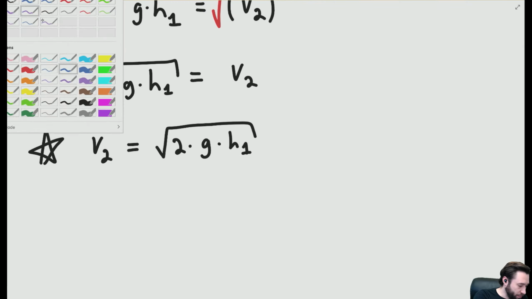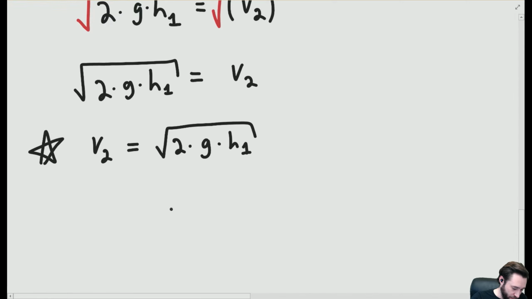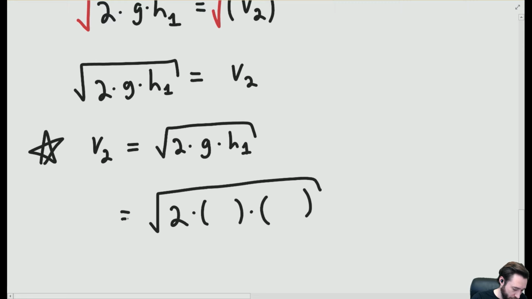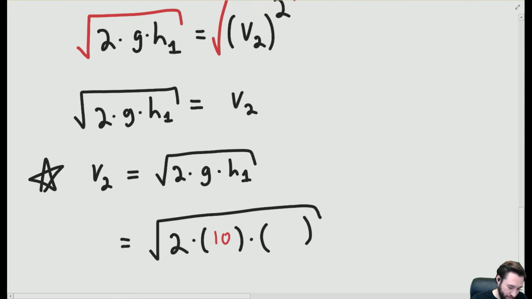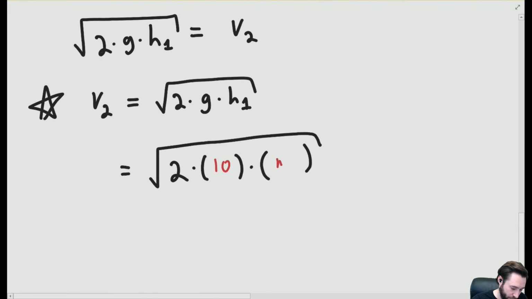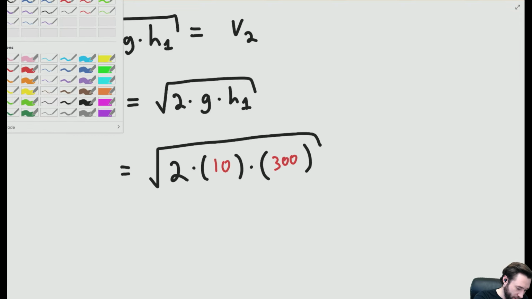So what I'm going to do is plug in 2, and don't forget your parentheses as placeholders. And then the values for g, we have 10, and the height was what? 300 meters. All right, so we get 3,000, so it'd be 6,000, so the square root of 6,000.